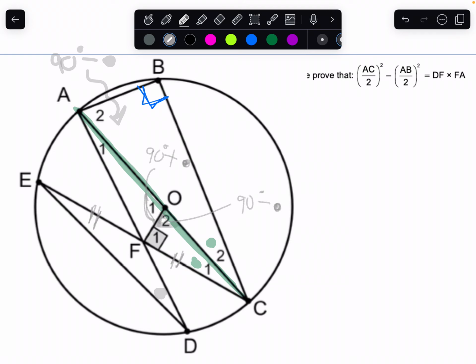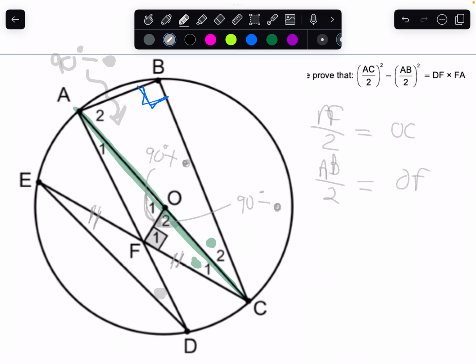Okay, so remember the train of thought I was on was, well, AC over 2 is the same as OC, and AB over 2 is the same as OF, right?